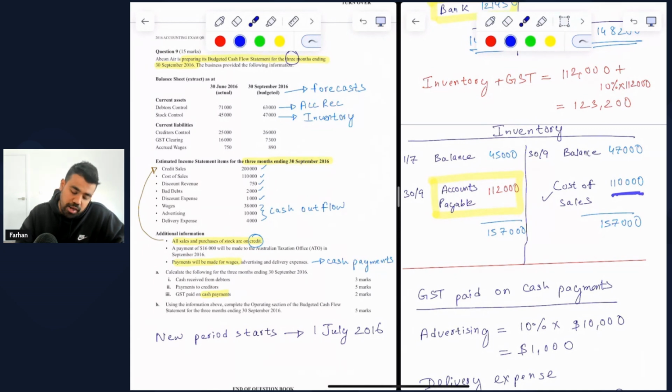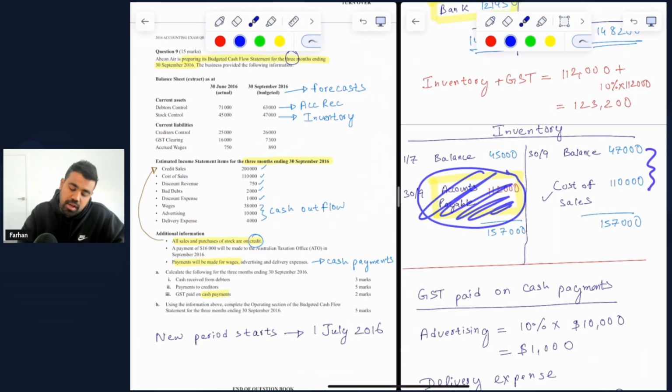So how do we find this highlighted amount here, which refers to the purchases of inventory that we have made on credit during this 3 months ending 30 September 2016? So we find the total of everything on the heavier side, which is the credit side to begin with. So we add 47 with 110, get 157,000 as the total, which must be the total on the debit side as well.